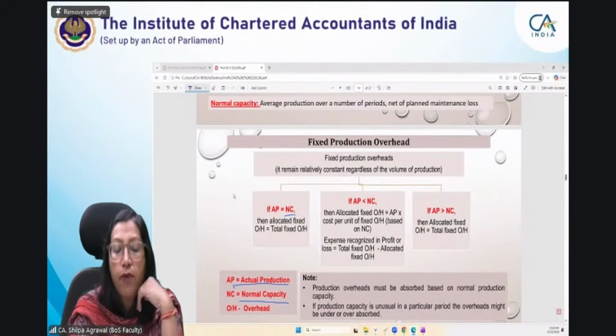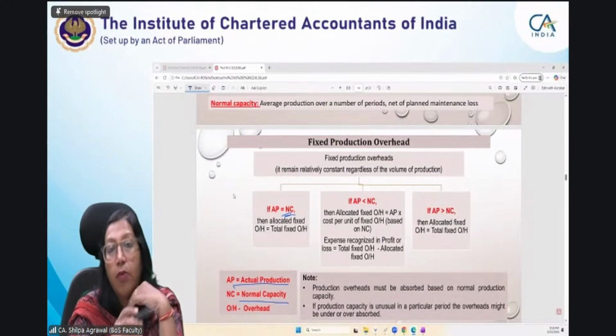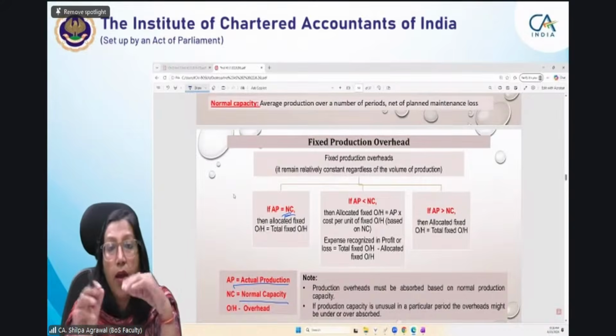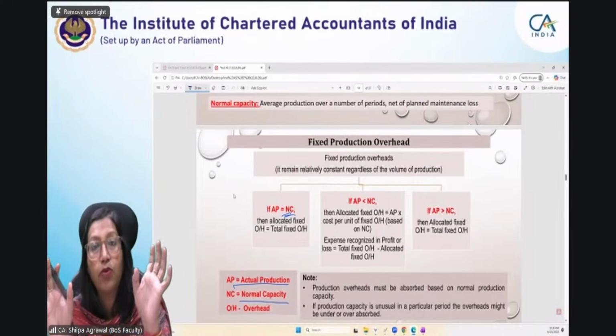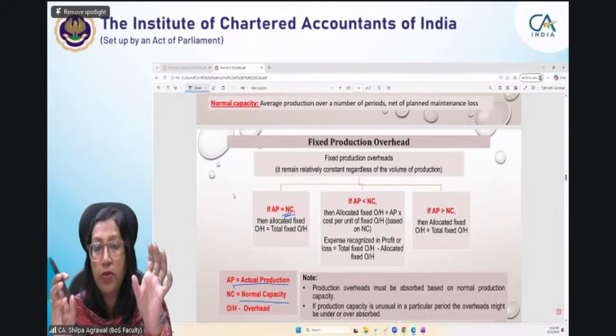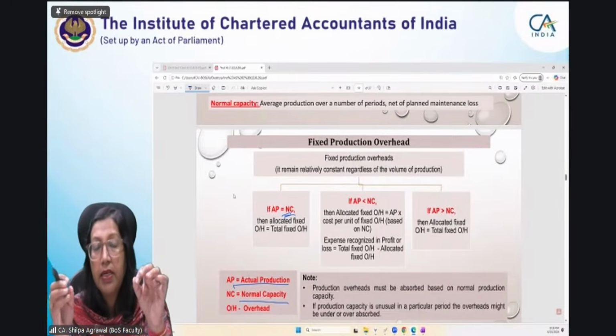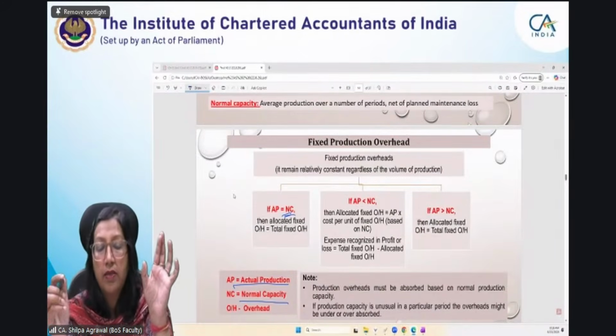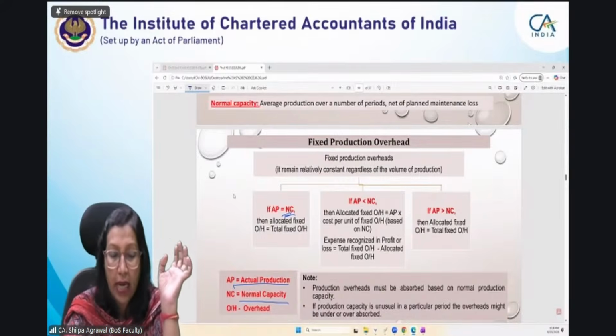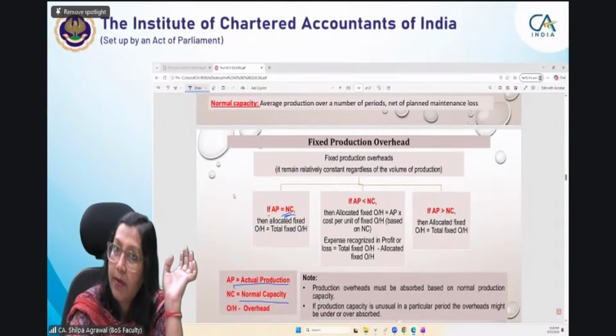So if your actual production is equal to normal capacity, for example, your normal capacity is 10,000 units, and a factory can produce 10,000 units in a month, and they have produced 10,000 units only. So actual production is 10,000, normal capacity is 10,000.